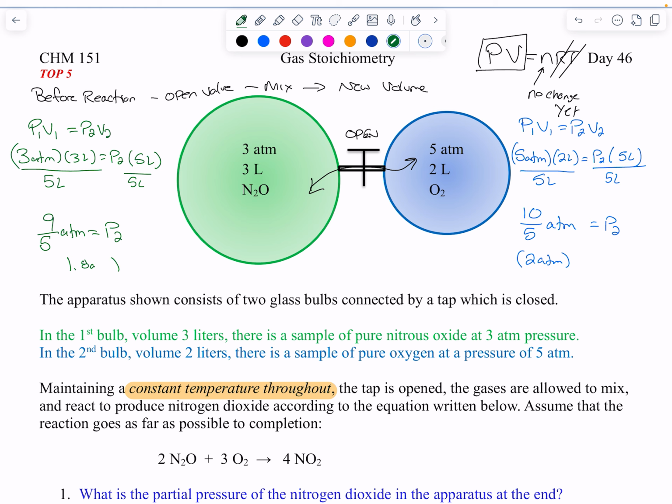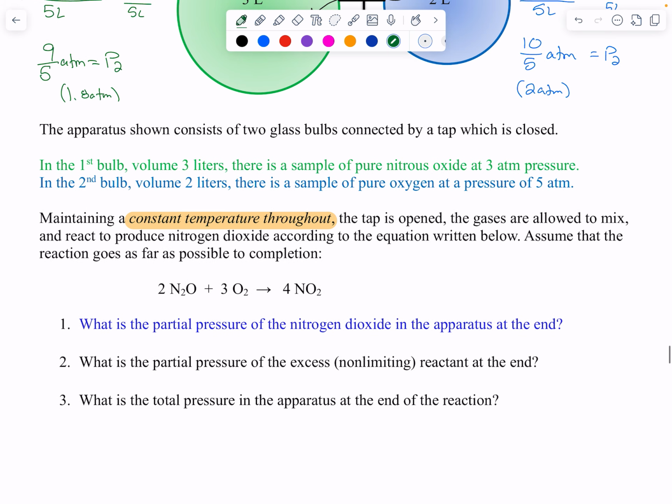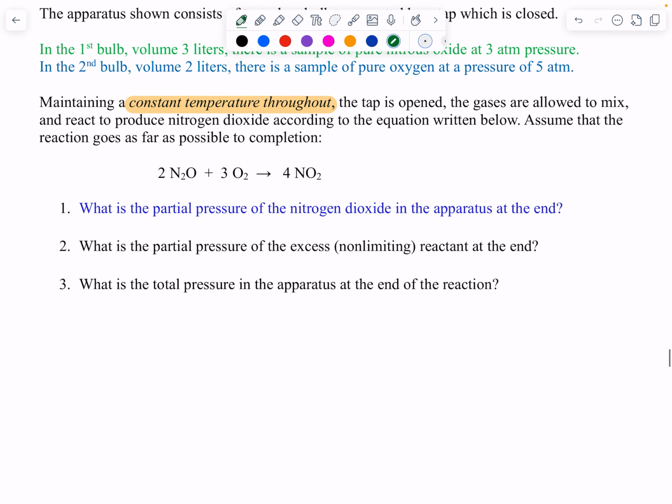So if you wanted to do that, you can. I'm going to use the fractions because I think the fractions are easier and faster. All right, I'm going to rewrite my equation. N2O plus O2 going to NO2, and we have our 2, 3, and 4.